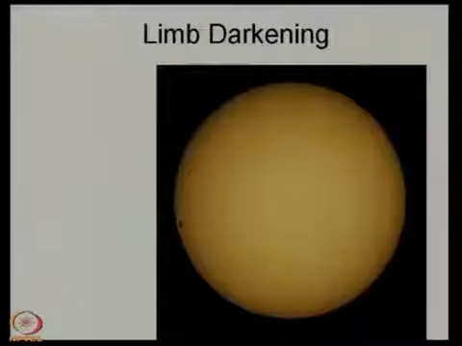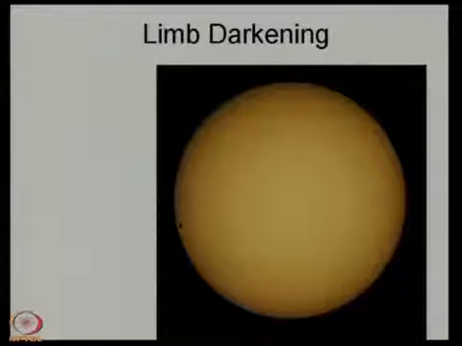Okay. So, let us use this picture to make some idea about the sun. The first thing that we would like to discuss is the phenomenon of limb darkening. So, let us first take up for discussion the phenomenon of limb darkening.